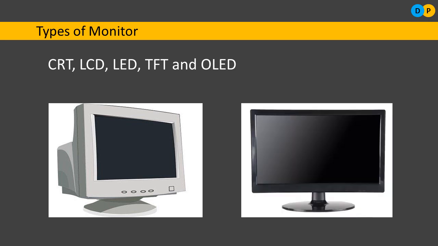Here in the CRT monitor, we will have a cathode ray tube, which will be used to project the images or text. These cathode ray tubes will be bombarding electron beams on the backside of the screen. The backside of the screen will have a phosphorus coating, using which we will be displaying text and graphics.